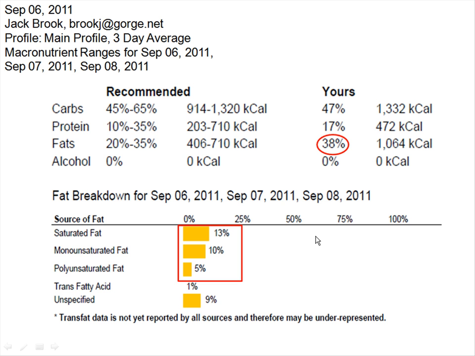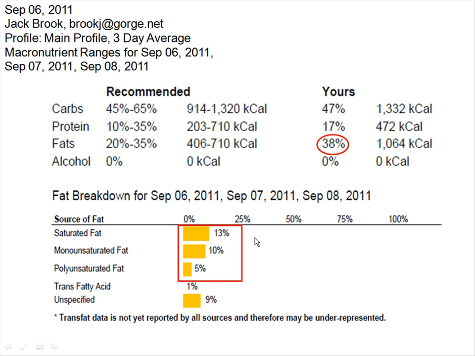But what I want to do first, I don't want to go in and just start manipulating my total fats, because the first thing I'd want to look at is my ratios of saturated, mono, and poly, and make adjustments to those. And if I adjust each of those to 10%, I will be at 30%.